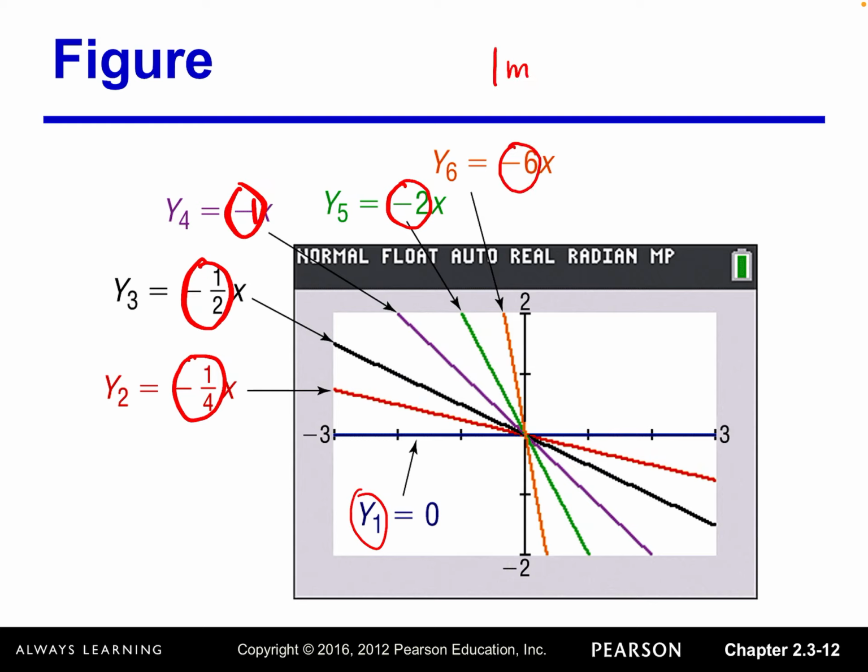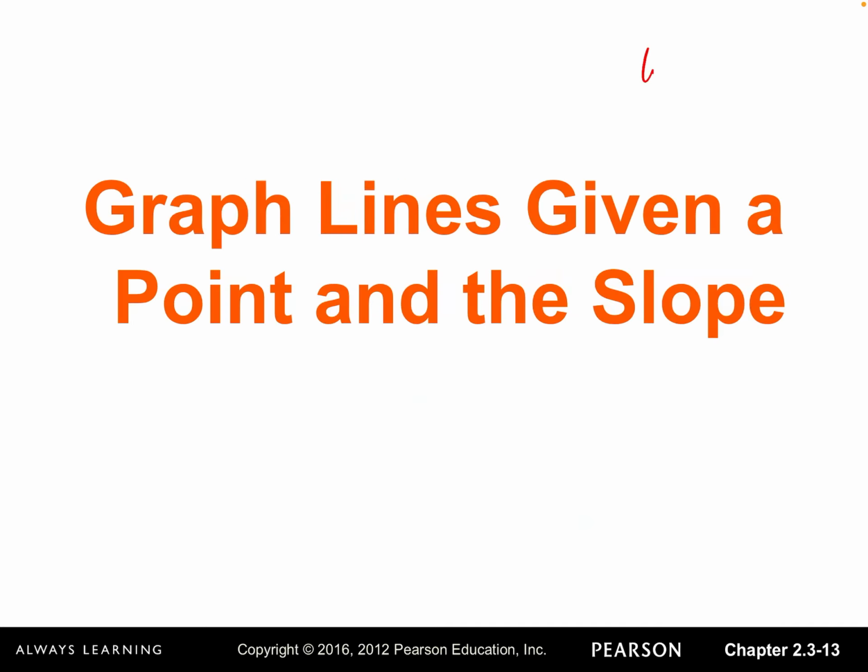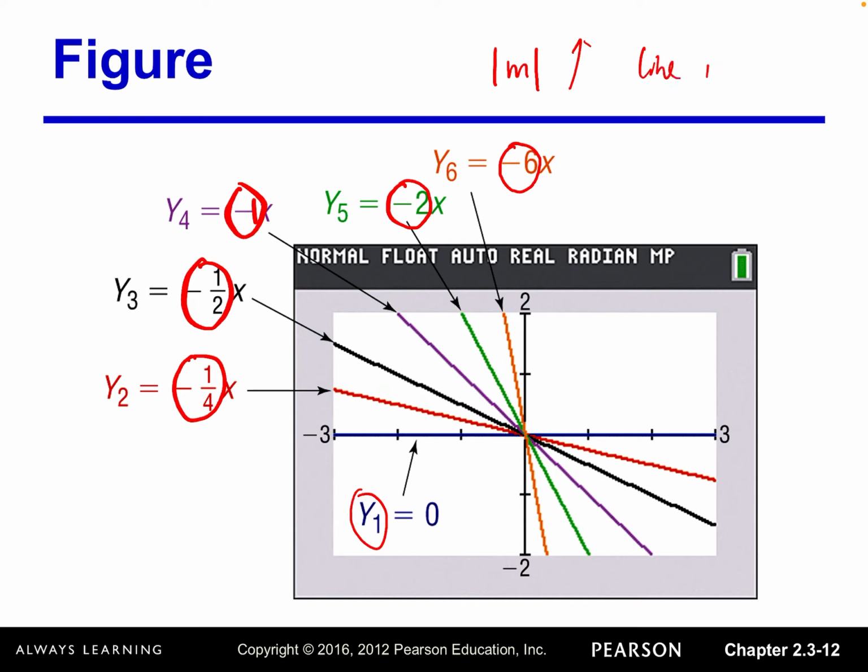So this time, as the absolute value of the slope increases, the line is closer to the y-axis.